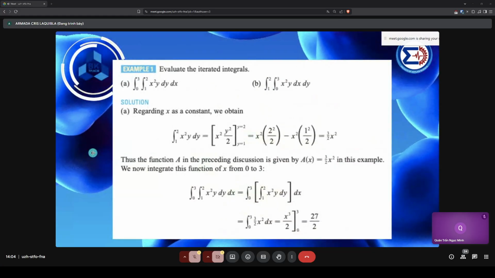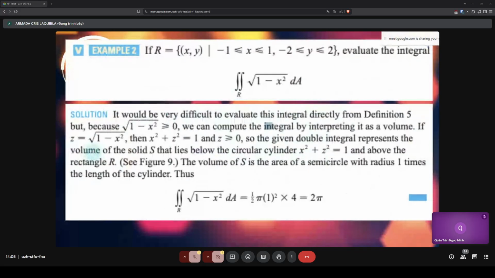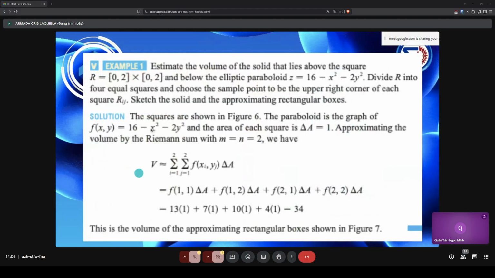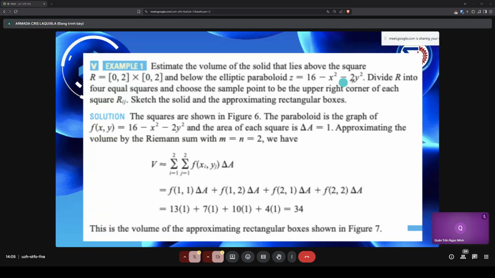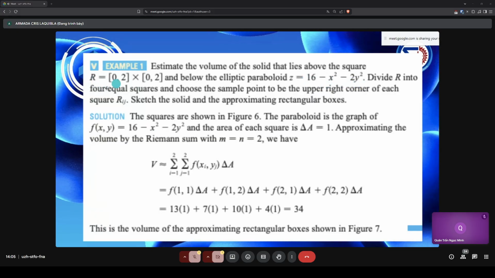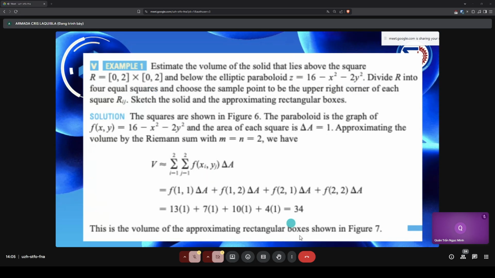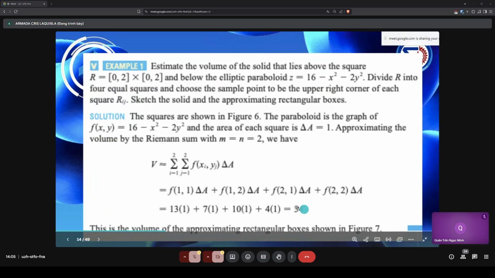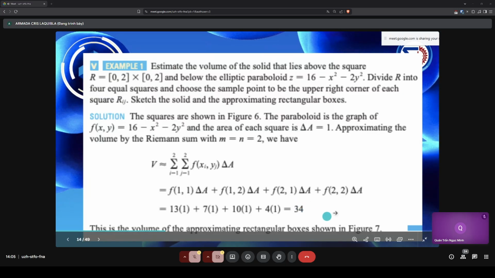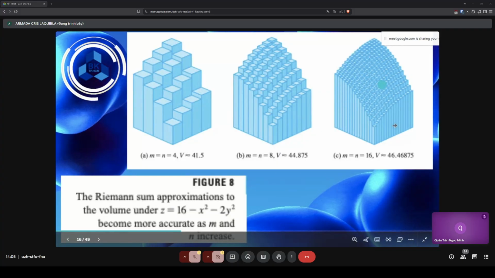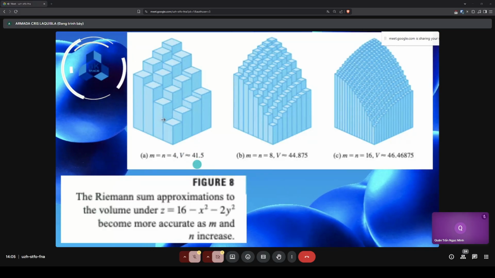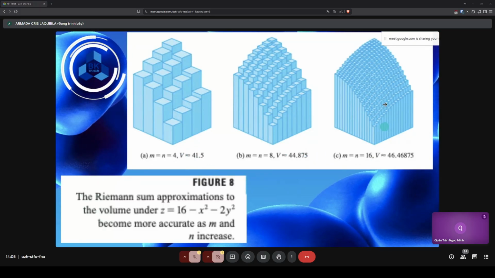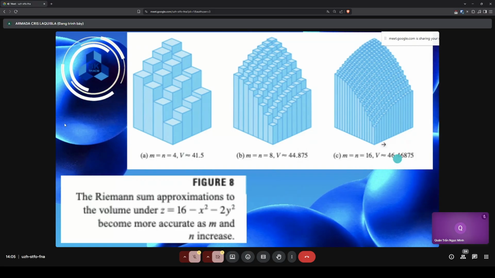The Riemann sum that we have is this one. As you can see, the same z equation, and your R is also the same. The first approximation is equal to 34. And then when we have too many boxes there, your V here is 41, here 44, then the last V here is 46.46.